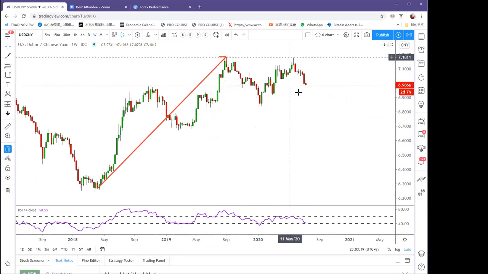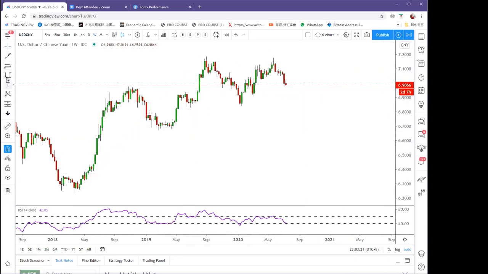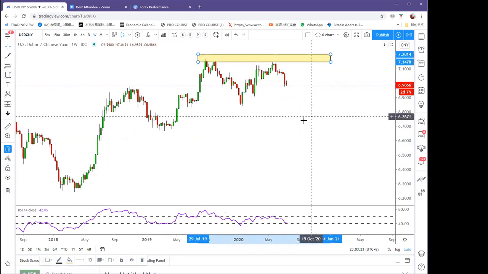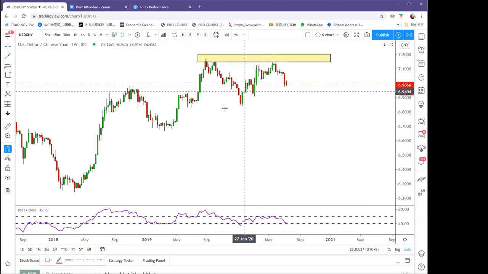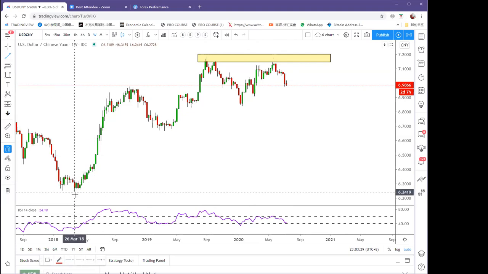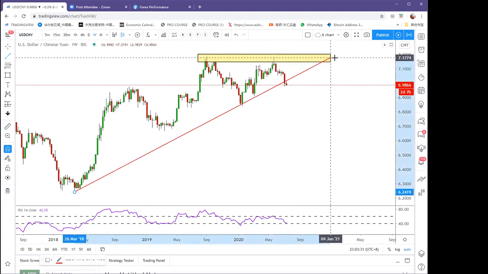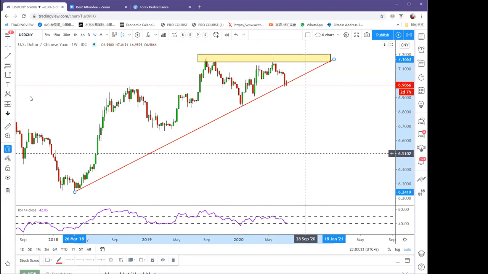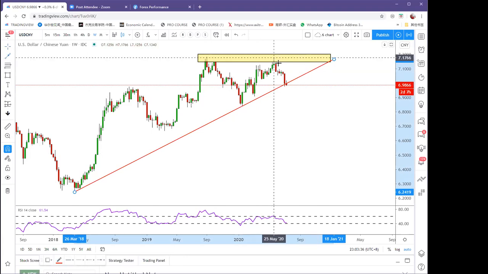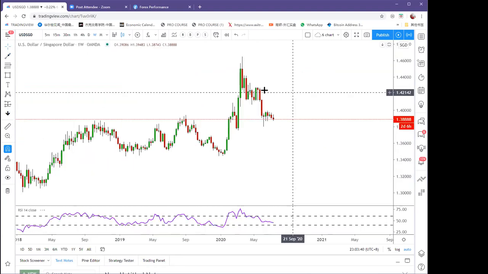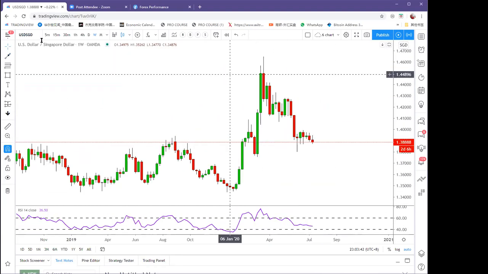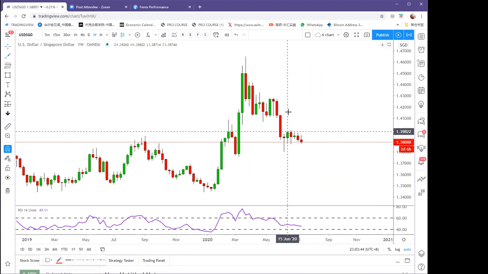But right now, if you check the weekly chart, you can see it puts in a very nice double top at 7.2. This is also very good evidence showing that the dollar is going to be weak, because the renminbi is getting stronger. And you can check the Sing dollar. Singapore dollar is also very strong, and the dollar versus Sing is also going down.